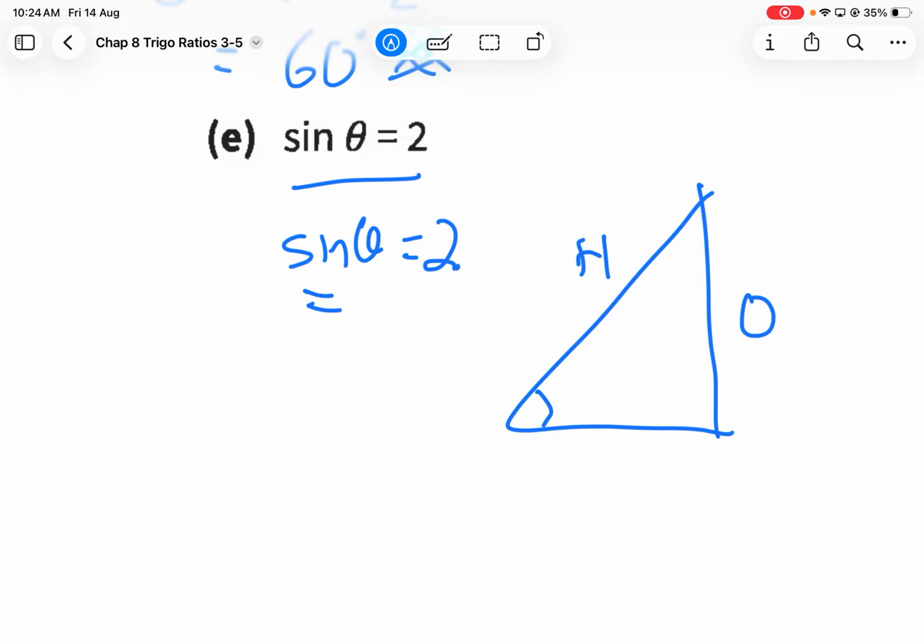It is not possible for your opposite or your adjacent to be longer than H, correct? H is the longest side already. Any number that H is, O and A will be smaller than H. So is it possible for opposite over hypotenuse to be 2?